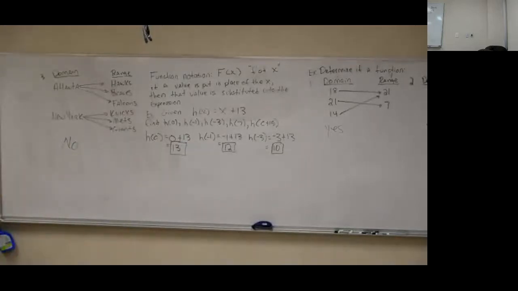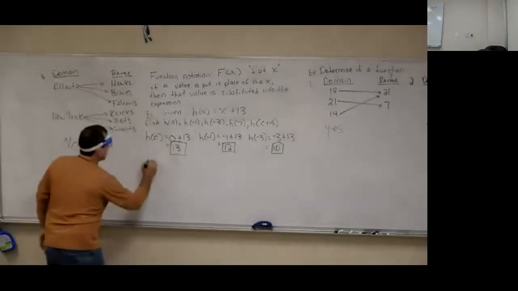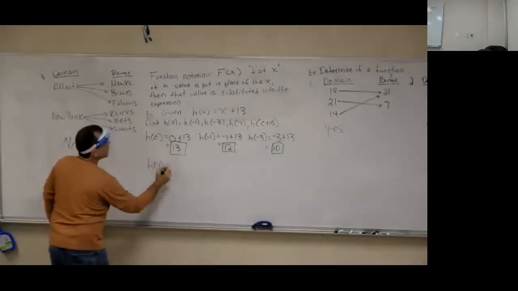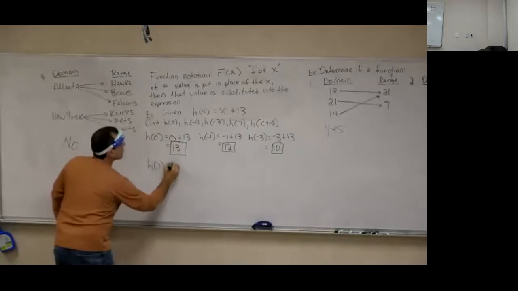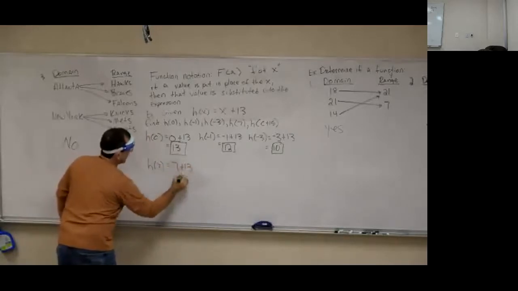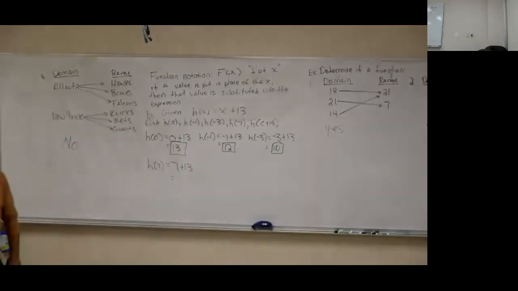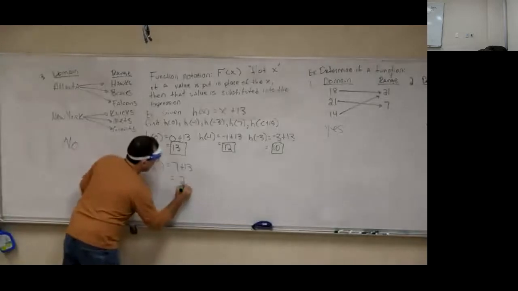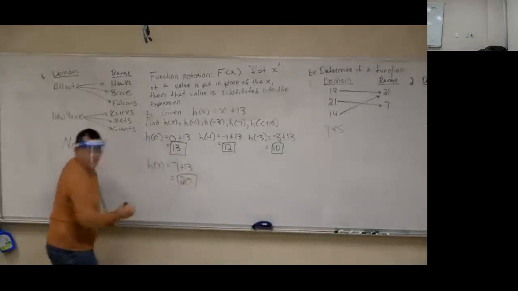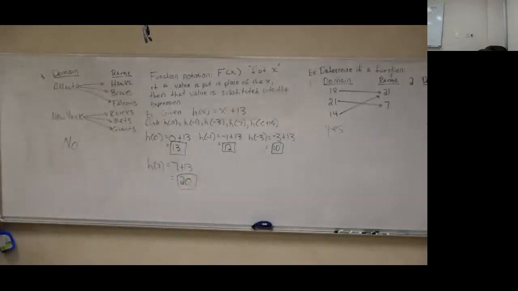All right, they hit me with positive 7. So let's see, h of 7. Putting 7 into that x, I'm going to get 7 plus 13. Well, they add like signs, add them and keep that sign. There we go, 20.